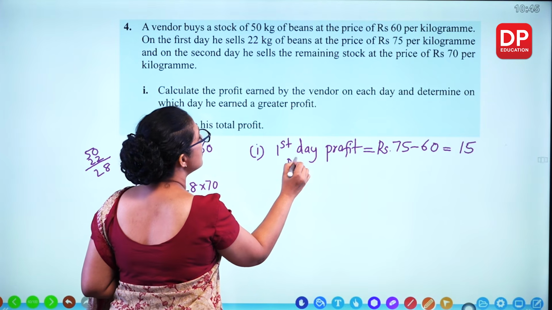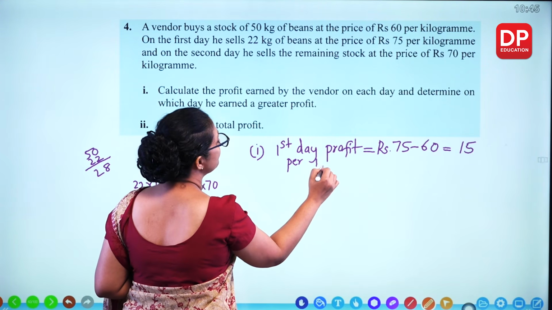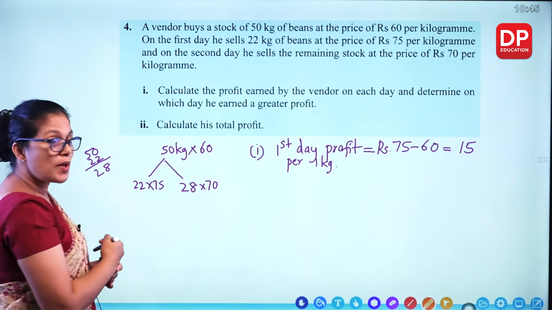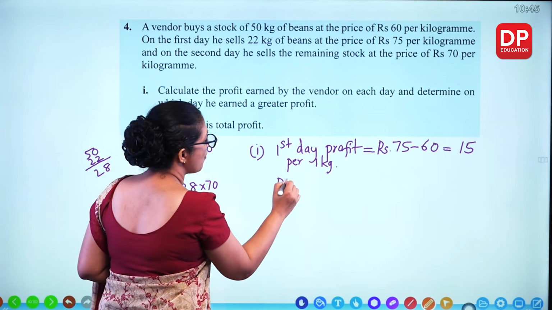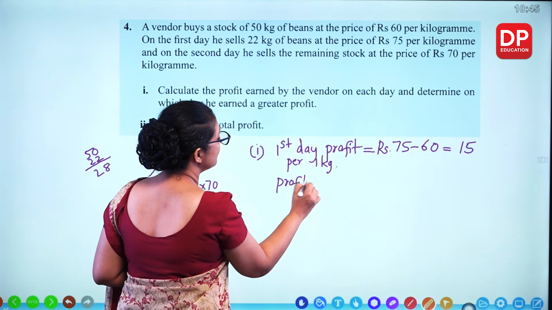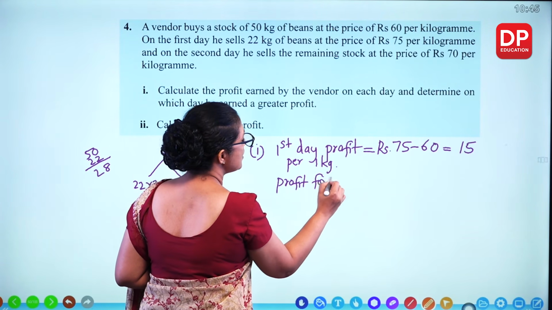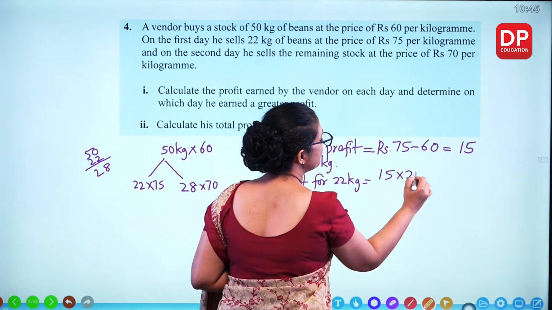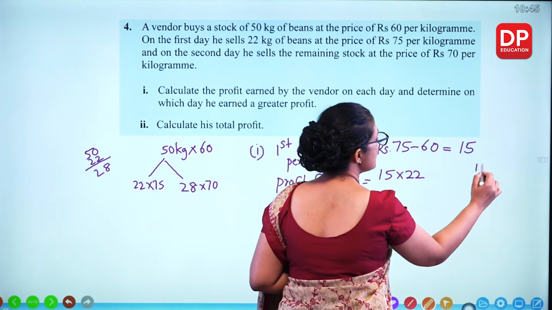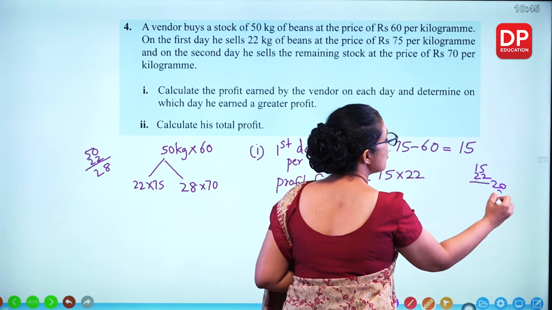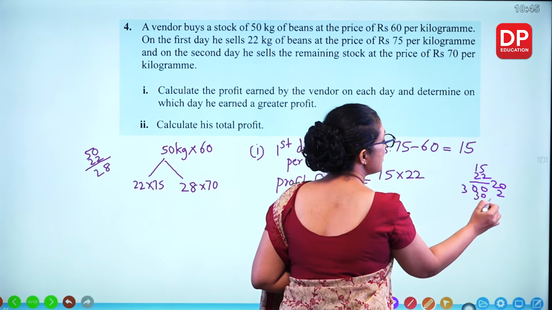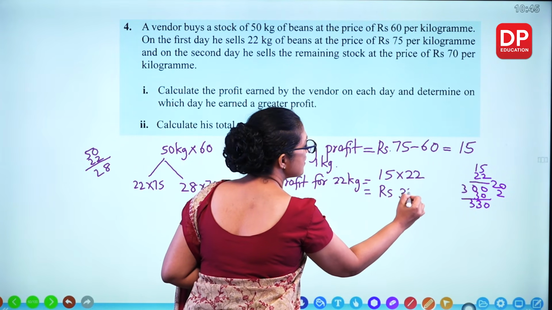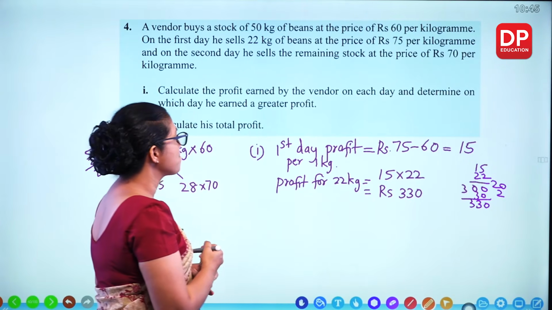This is per 1 kilo. So what's the profit for 22 kilos? So profit for 22 kilos, you have to multiply by 22. So 15 times 22, 330. So you get 330 rupees.